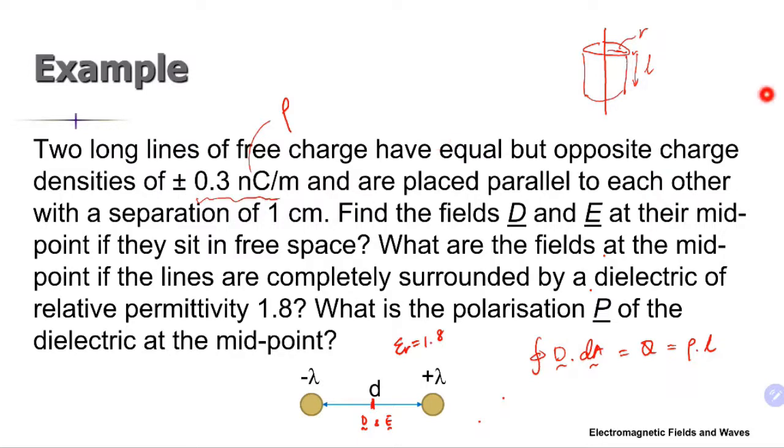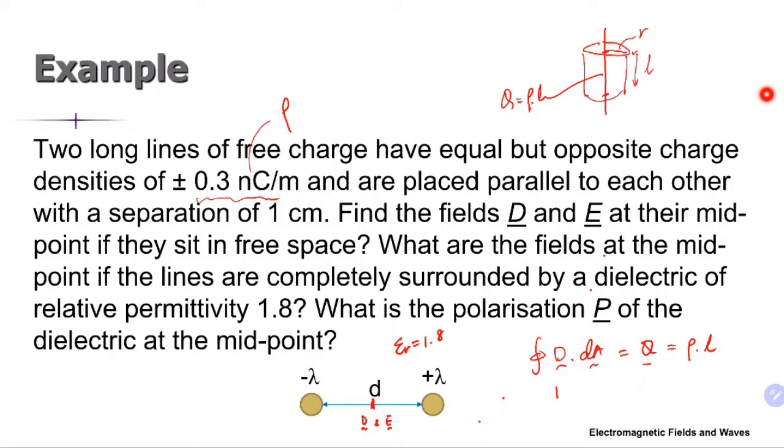So if this is my Gaussian surface that has a length L, then the charge enclosed within this surface, the Q in here, will be equal to rho times L. That will be the charge enclosed.